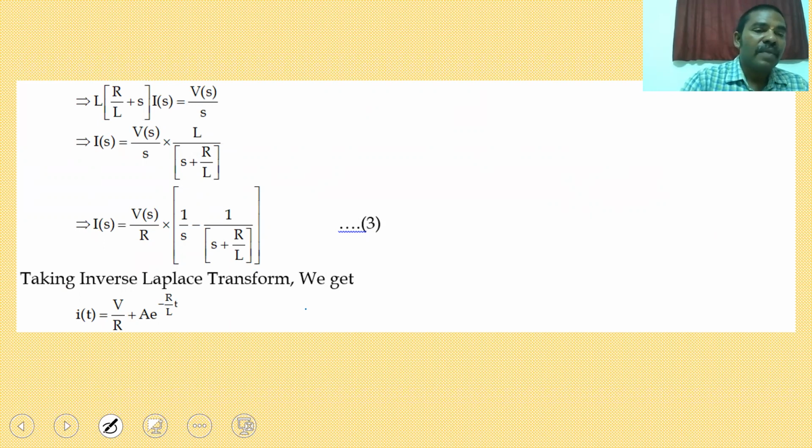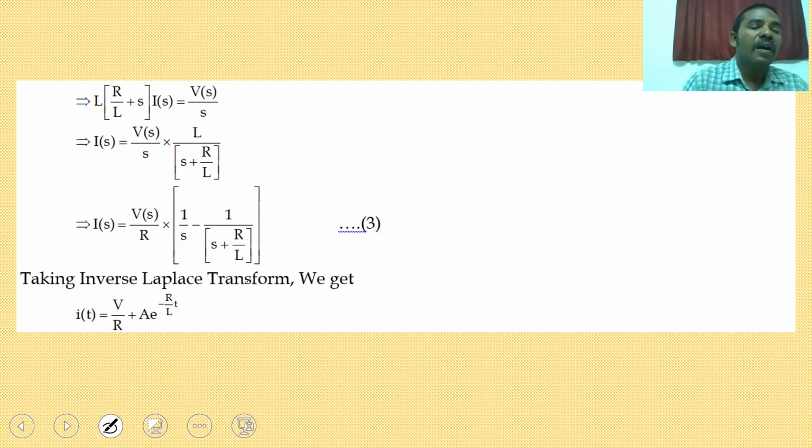Here, with S and S plus R by L, you have to go for the partial fraction. If you go for the partial fraction, you can get I of S is equal to V of S by R into (1 by S minus 1 by S plus R by L). Then take the inverse Laplace transform.